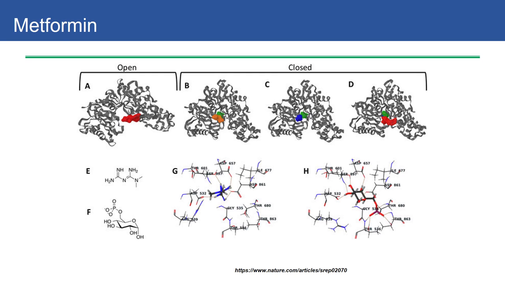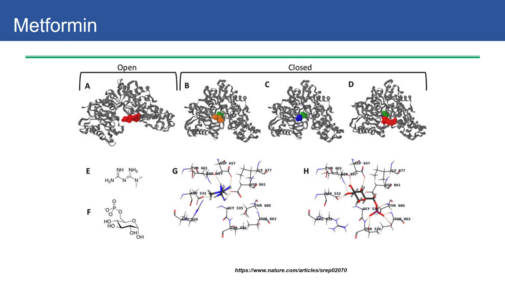So hexokinase breathes, right? I wish I had an animation, and I will probably try to generate one to show you later. A is the open conformation, B is the closed conformation, with glucose and glucose 6-phosphate highlighted in green and orange. Section C is where metformin fits in, and you can see it's an induced fit, so it does change conformation.